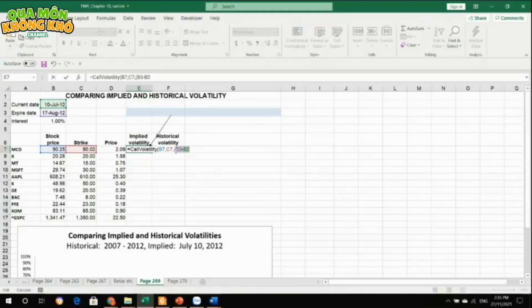We fix this. Divided by 365 and add the price. Oh no, the interest first, and the price.